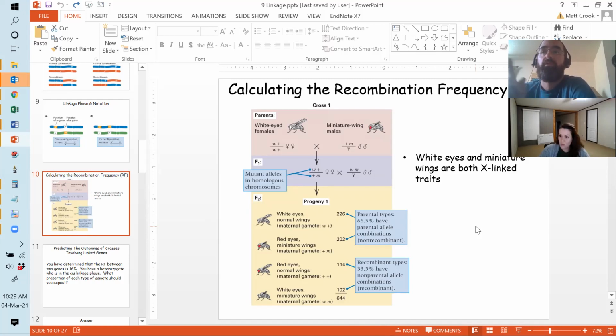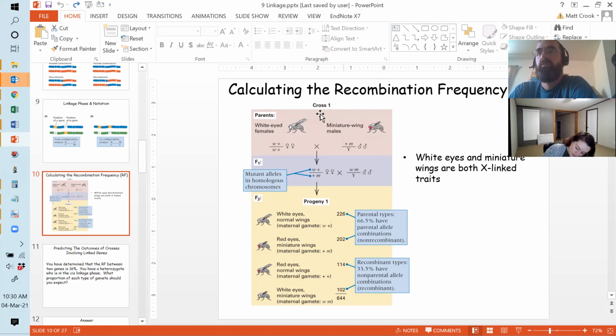Again, we're just talking about one chromosome, not genotype, which is what you have for both chromosomes. We're talking about just one chromosome, like the haplotype. If it's dominant for both, it's cis. If it's recessive for both, it's cis. If it's dominant recessive or recessive dominant, it's trans.